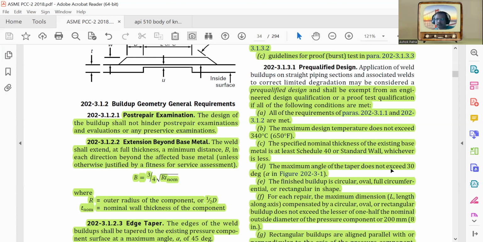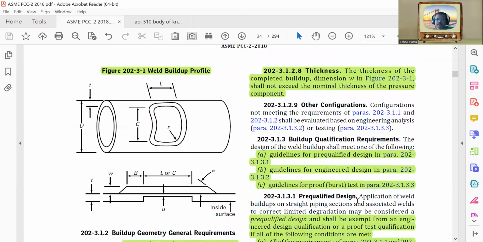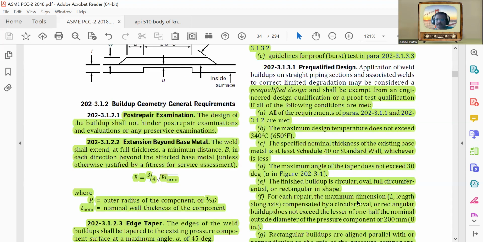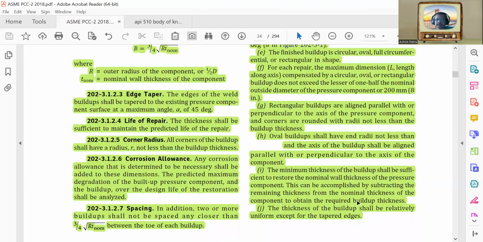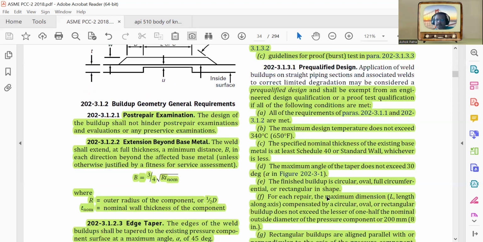The maximum angle of the taper does not exceed 30 degrees, alpha in Figure 202-3.1.